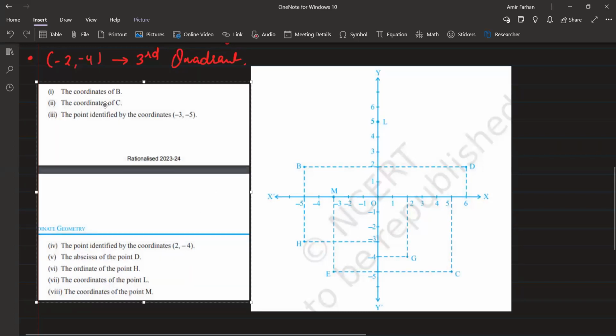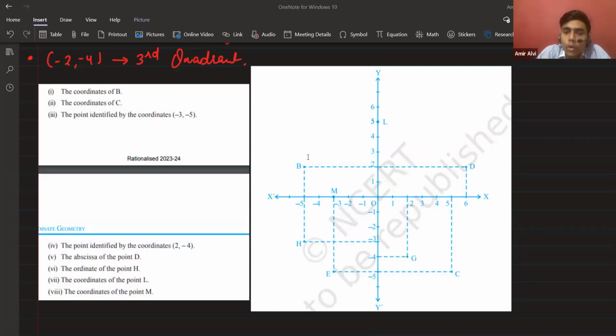Simrat, the question is saying that something has been plotted on this graph. Sorry, actually I have switched off my camera. So in this, you have to find out the coordinates and write down their values. Let me give you the first one.